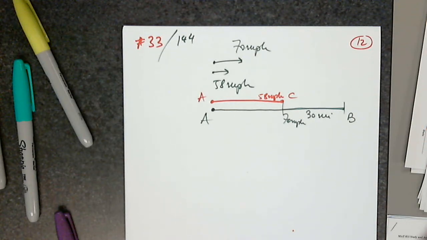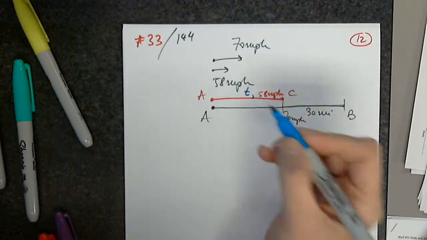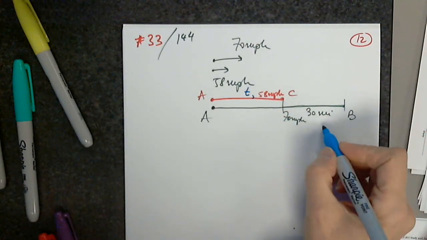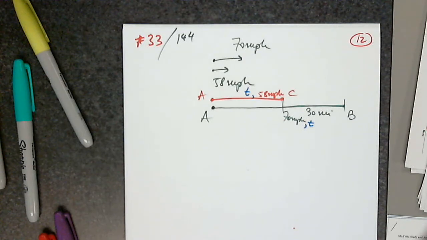Till they are 30 miles apart. What will you tell me to write? Of course, T is T. Because they start at the same time. There is no delay. One does not have a head start. The other one is not delayed, and so on and so forth.